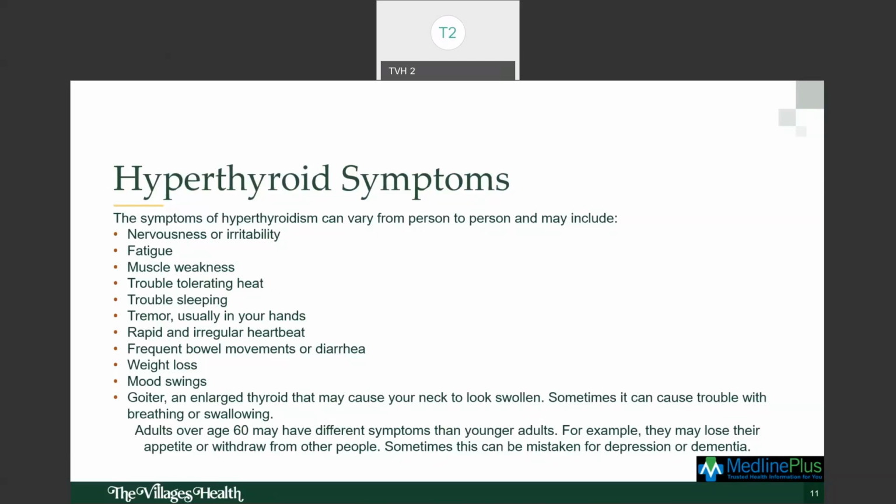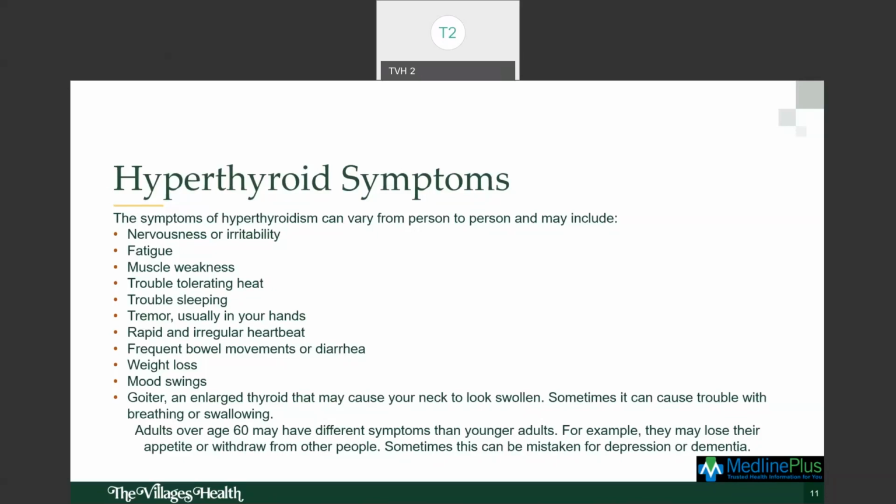So if you're just extremely tired, very exhausted, and this is something new for you, maybe you're used to just going and doing your exercises, doing your activities and your sports possibly that you're doing, and now you just feel severely fatigued and aren't able to do the normal functions and activities that you would previously. We can also see some unusual muscle weakness as a symptom of hyperthyroidism, as well as some trouble tolerating heat.